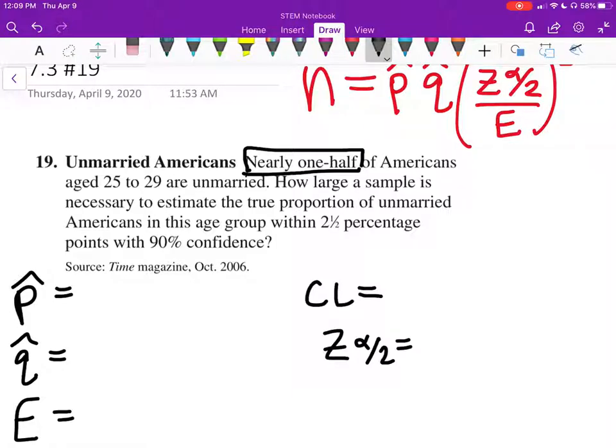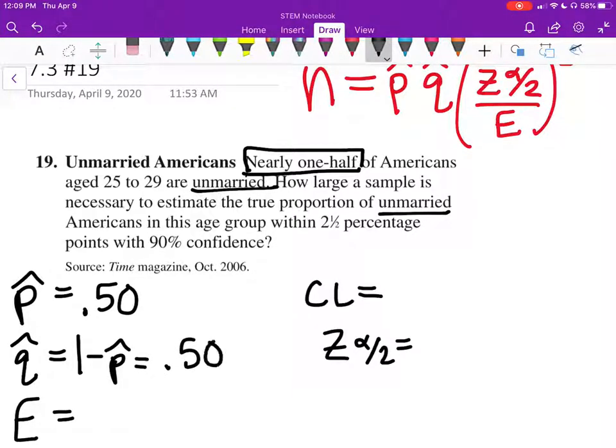It says how large a sample is necessary to estimate the true proportion of unmarried Americans, and nearly one-half of them are unmarried. So p hat is 0.5 or 50%, but we have to change it to a decimal since we want to do math with it. And remember, q hat is 1 minus p hat, which is, again, 50%. Then it says, in this age group, within 2.5 percentage points.